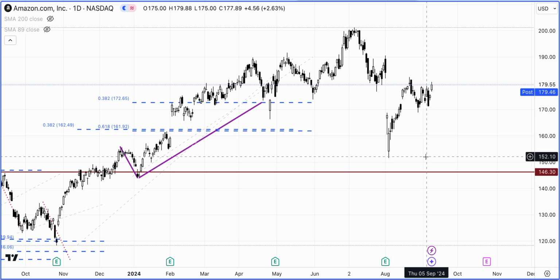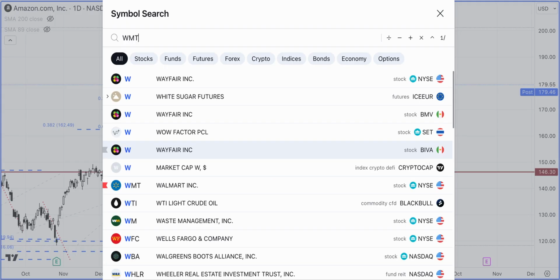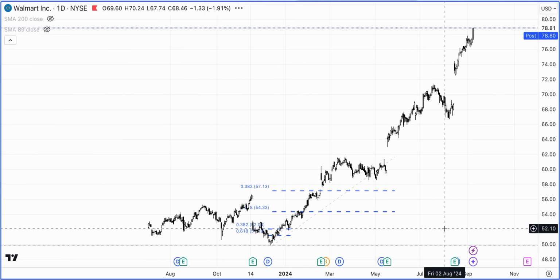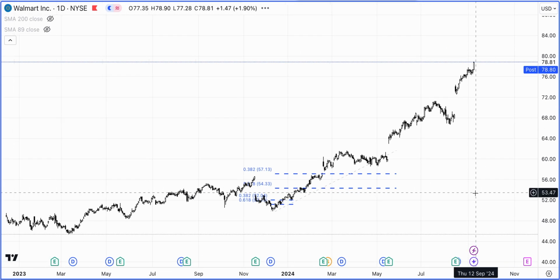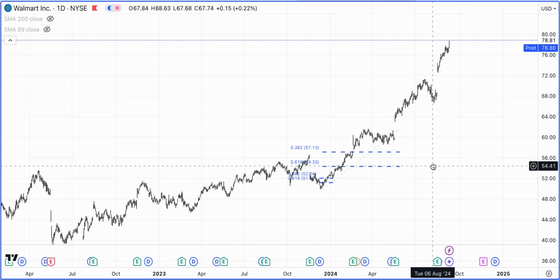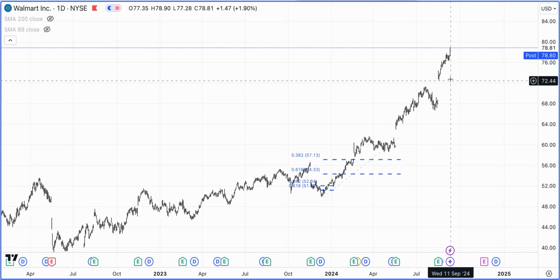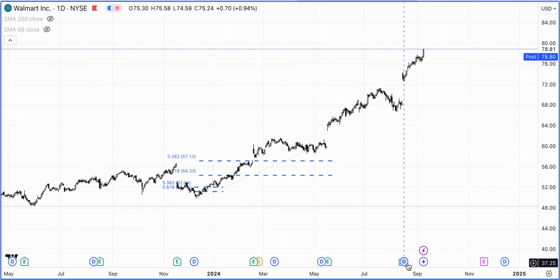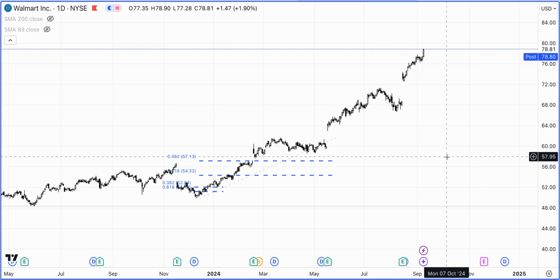Maybe it already is coming, especially in the discretionary space. But if we take a look at Walmart, look, the Walmart stock is making new all-time highs, so that's very interesting. Clearly, this stock is performing better than Amazon at the moment. So that's an interesting scenario.